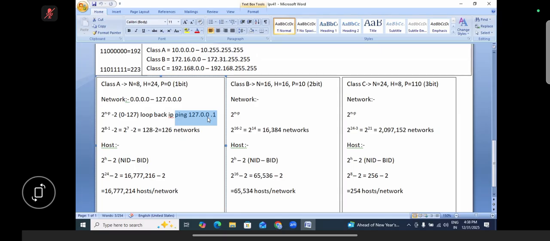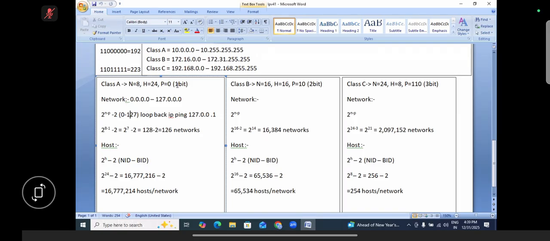So that's why 0 and 127 we are not going to use to deploy the network in our organization. So that's why we are doing minus 2. Two networks, we need to avoid, right? So 0, 127, now we are deploying those values into this formula. 2 to the power of n, n value how much? 8.